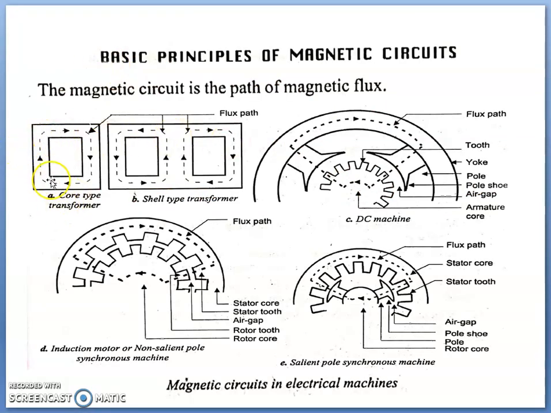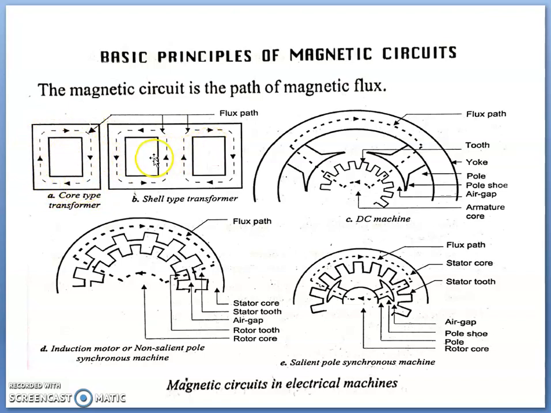That is how the magnetic circuit is established in electrical apparatus. This is an example in the case of a core-type transformer, where there is only one path: a single series circuit, only one closed path.